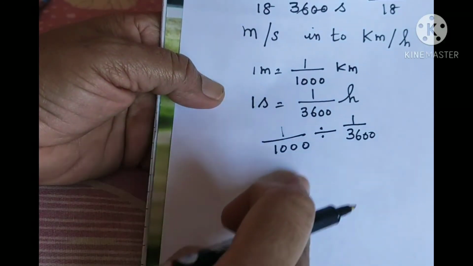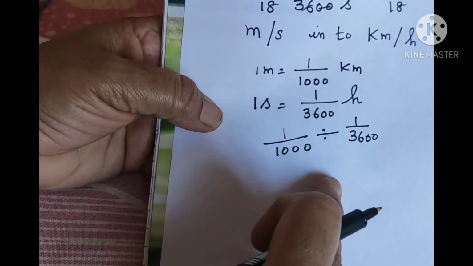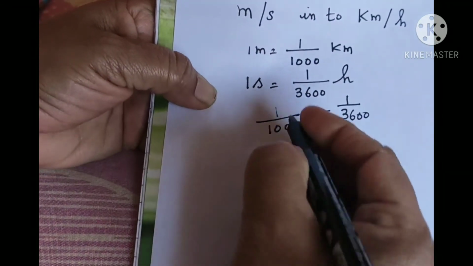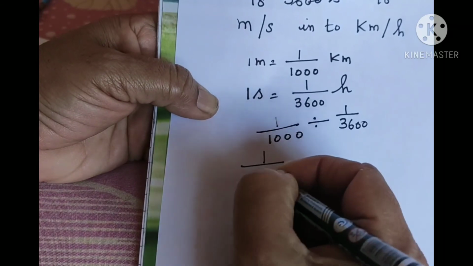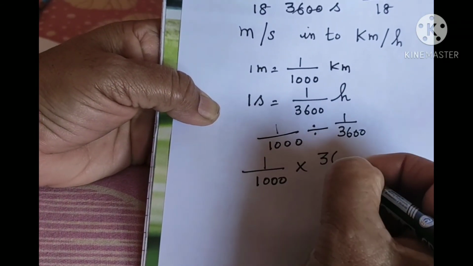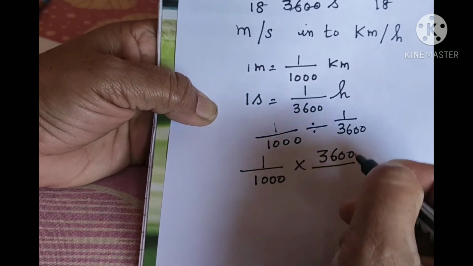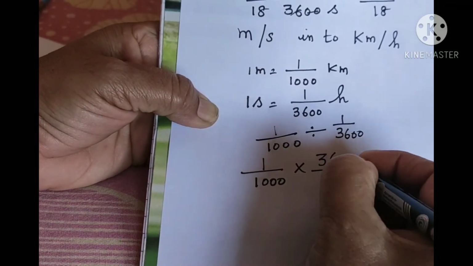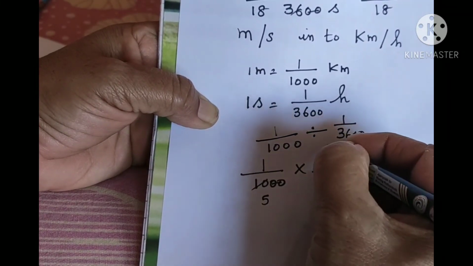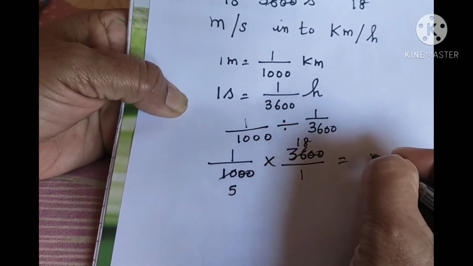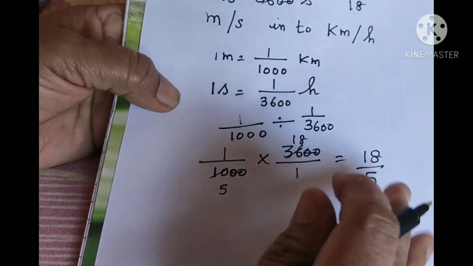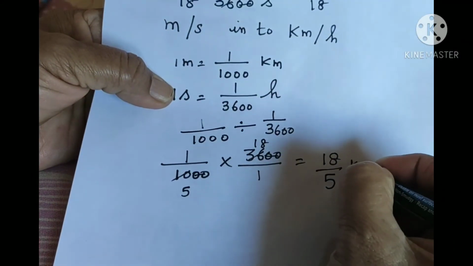That is 1 upon 1000 multiplied by 3600, the reciprocal of the second fraction. 2 zeros will get cancelled, then we can cancel with the 2 table, then 18 upon 5 kilometer per hour.